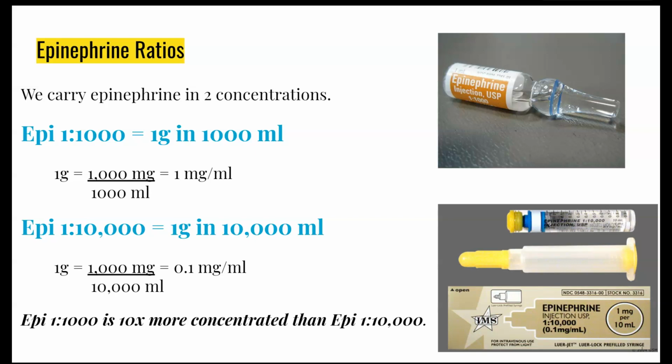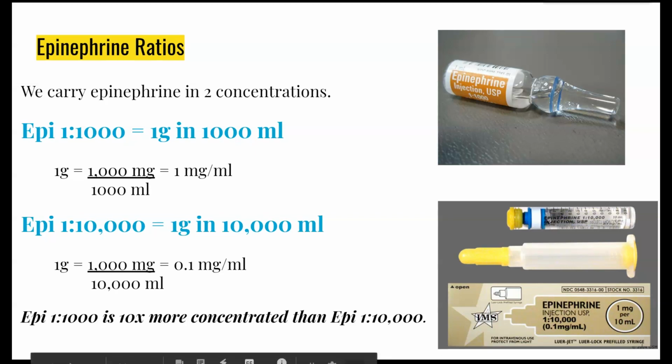Does that make sense? Repeat that. Where you're drawing up 0.3 milligrams here in the Epi 1 to 1,000, the same amount of medication is in 3 mLs of the Epi 1 to 10,000. Let me show you an easy way to think of that.